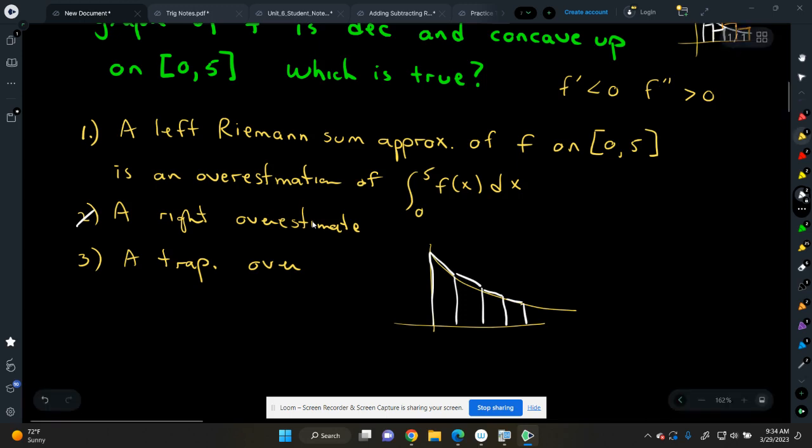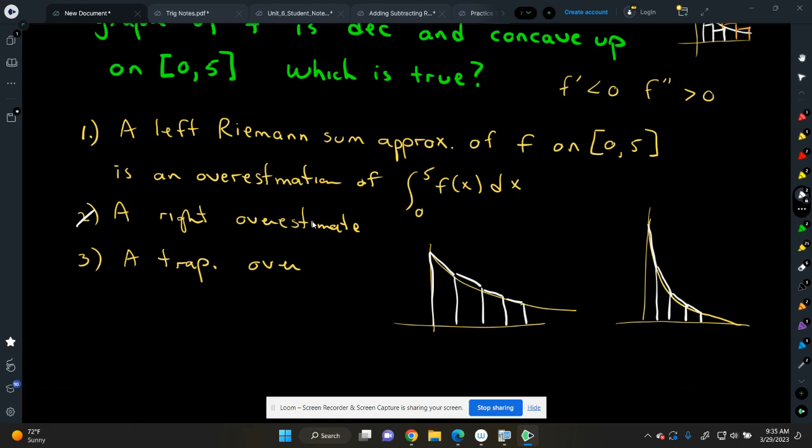So I'm going to draw a more severe curve so that I can be more certain about it. How about that? What do you think? Slightly over. I think it's an over.